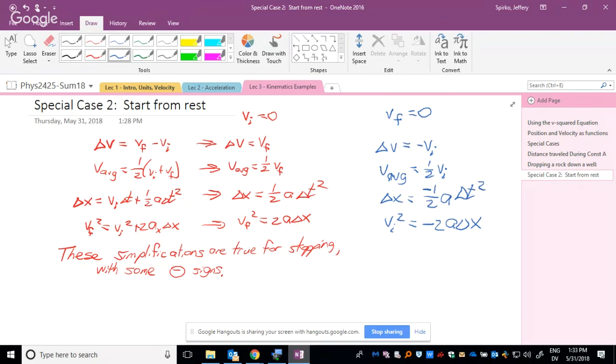So this one gets a minus sign because we have to kind of subtract VI over to the other side to isolate it. The delta X equation is the one that's kind of counterintuitive. And to figure that out, you can almost think of it like you're running time backwards. So the acceleration kind of has the opposite meaning.